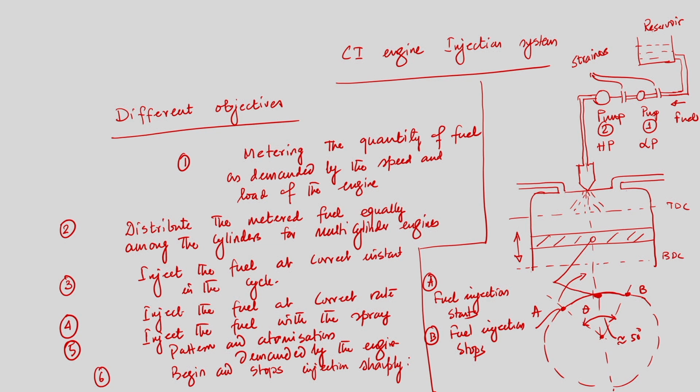If we cannot ensure that the fuel injection will start and stop sharply, then we will see that there is another problem which is known as after injection in the context of CI engine operation, and that will lead to another problem that we will discuss maybe in the next class. So, these are the different objectives which should be taken into account while designing the CI engine injection system.